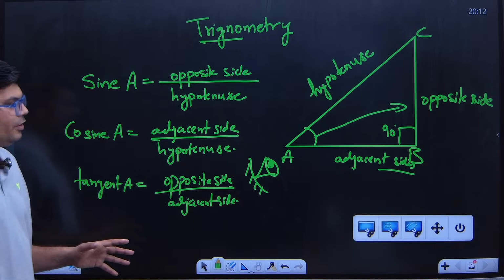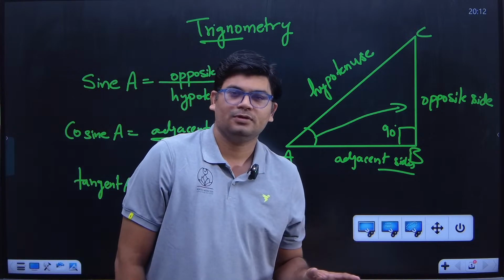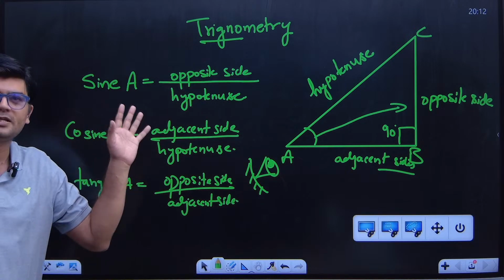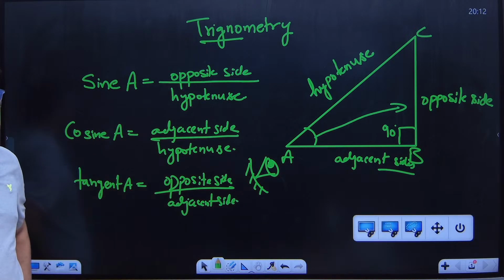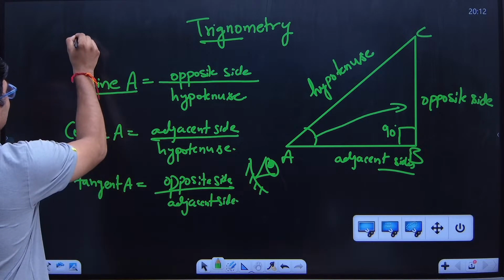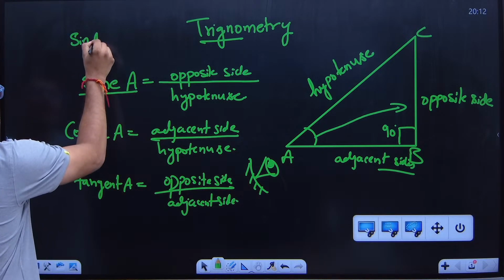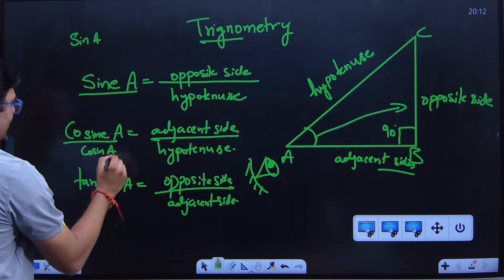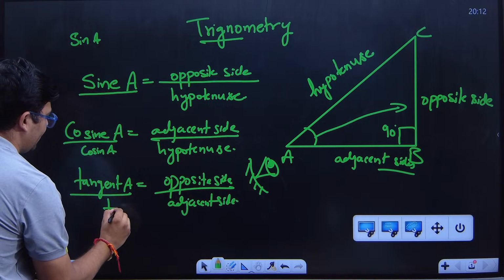So if I name a triangle in front of you, and if I ask you the angles, can you tell me all the three ratios? Please write it down. Sine is represented in short form as sin A, cosine as cos A, and tangent as tan A.